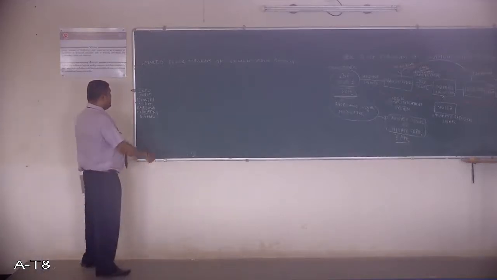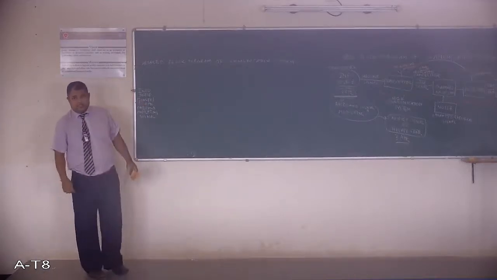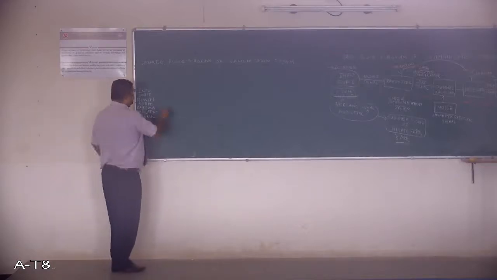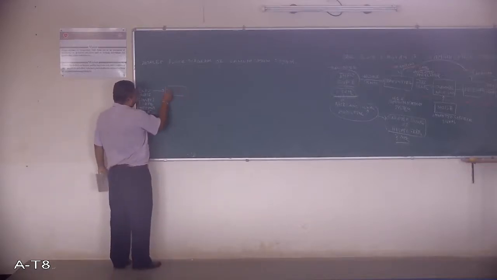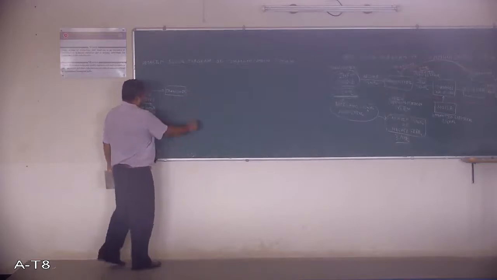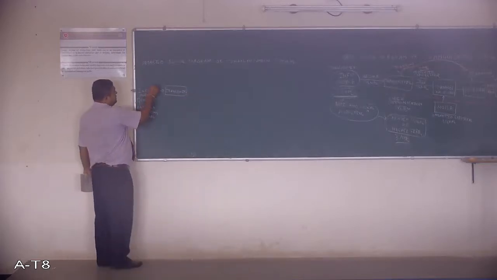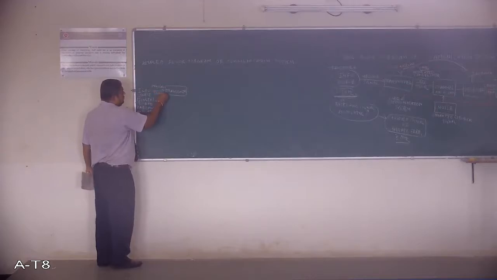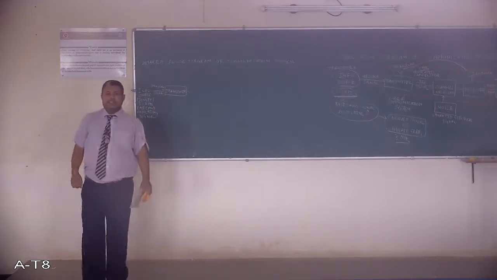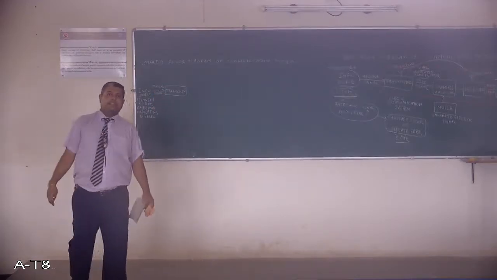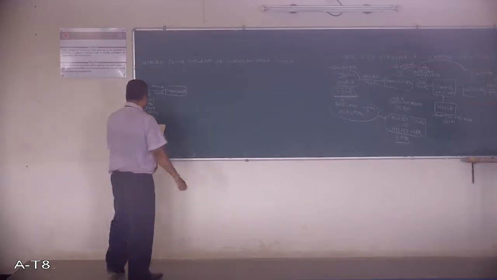Now these are not electronic signals, so the first step is to use something called a transducer. These are physical signals, and these physical signals are converted into electrical signals by means of a transducer.